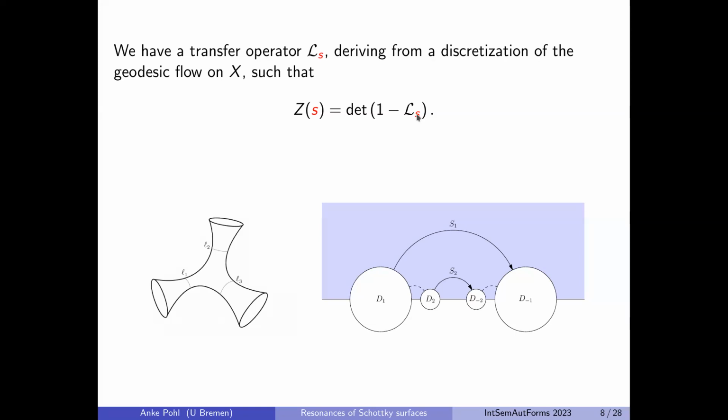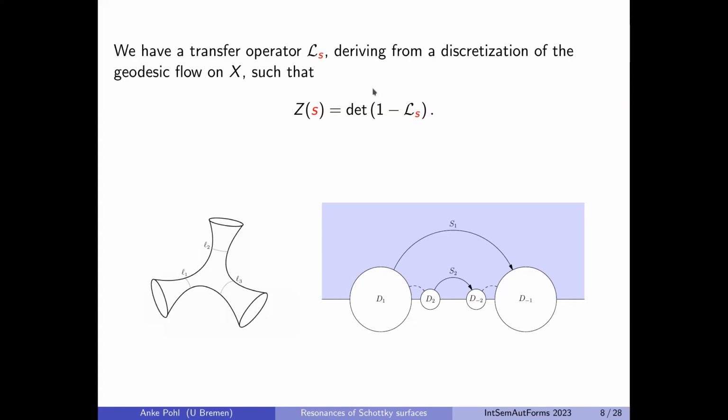But I'm quite sure that this result would carry over also to Schottky surfaces. So at this point there is an open question of how we can use automorphic forms or automorphic functions to maybe get even better results on zeros of the Selberg zeta function for what we try to do here.